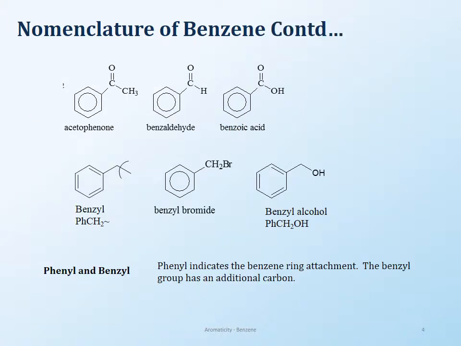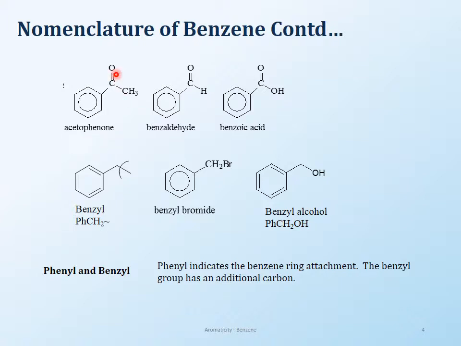Continuing on to some other groups that we have attached to benzene, and one is the COC group, and the COC group is known as acyl group, and you will encounter this a lot. Okay, so like in acetyl or acetylene, acetic acid. So there is a C double bond O and then C group, and this is the acyl group. So this one here, this is a keto group also actually, C double bond O. This is known as acetophenone.